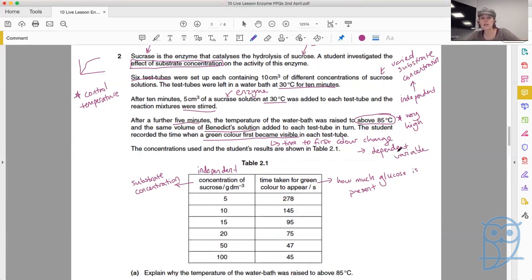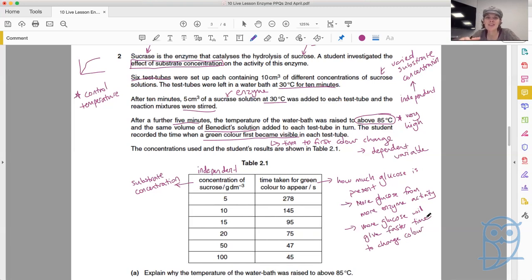So we're creating glucose. So we would have more glucose from more enzyme activity. We also have to remember that more glucose will give a faster time to change color.